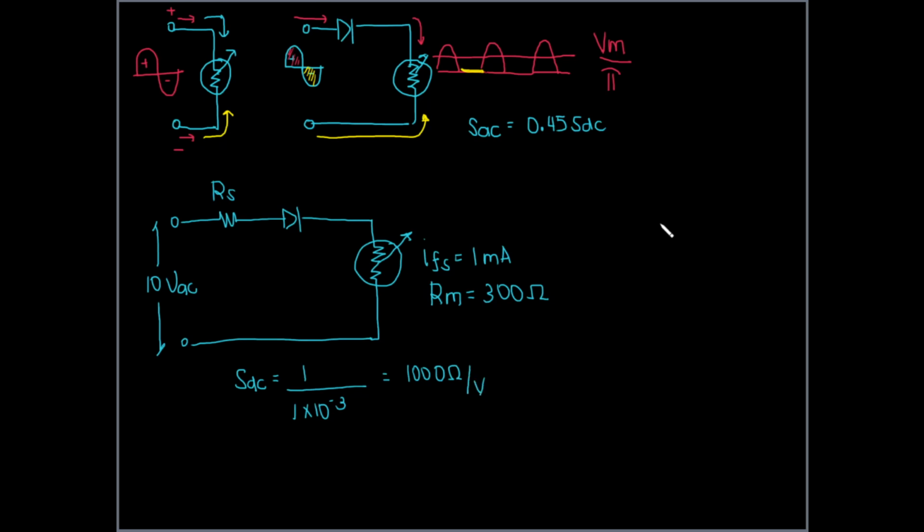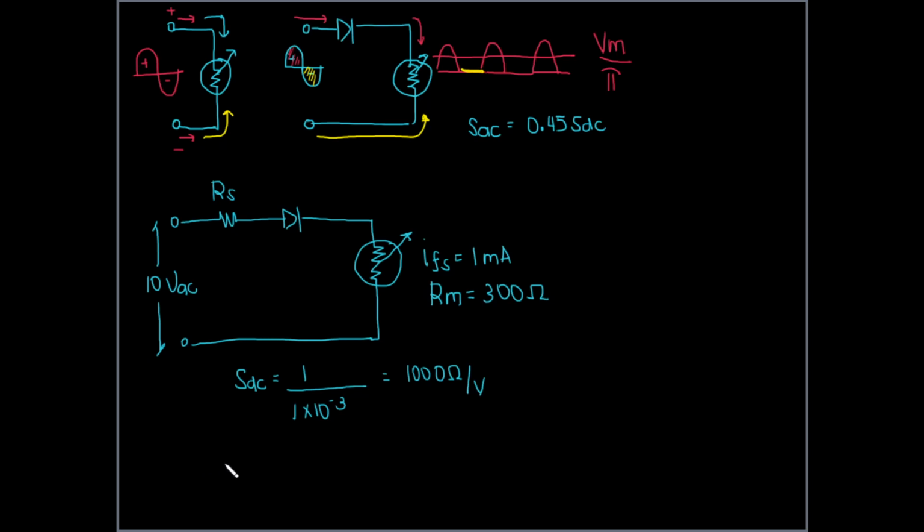Now you might be asking, how are we supposed to solve for RS when we have not yet discussed any equation on how to solve for RS if we're talking now of an AC voltmeter? And the answer there is very simple. Of course, it's the same as how you would solve your multiplier resistor if it's in DC, because they have the same design. The design has not changed. The only thing that has changed is that the sensitivity for the AC is going to be weaker.